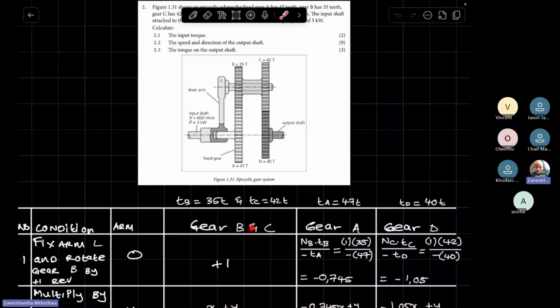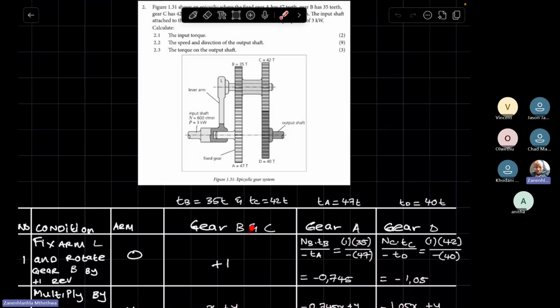Right, you insert a negative. That is the second step. So the first step is to establish the relationship between the two. Next, you establish the direction of rotation. This one is going clockwise, hence this one is going anti-clockwise. Next, you solve for what you're looking for. We're looking for NA.